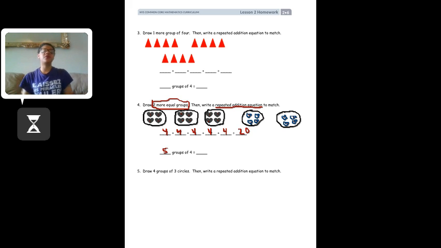So 5 groups of 4 equals how many? 20. That's right, because our number sentence said that 4 plus 4 plus 4 plus 4 plus 4 equals 20. 5 groups of 4 equals 20 hearts in all. And then later you'll know that 5 groups of 4 is the same thing as saying 5 multiplied by 4 or 5 times 4 equals 20.